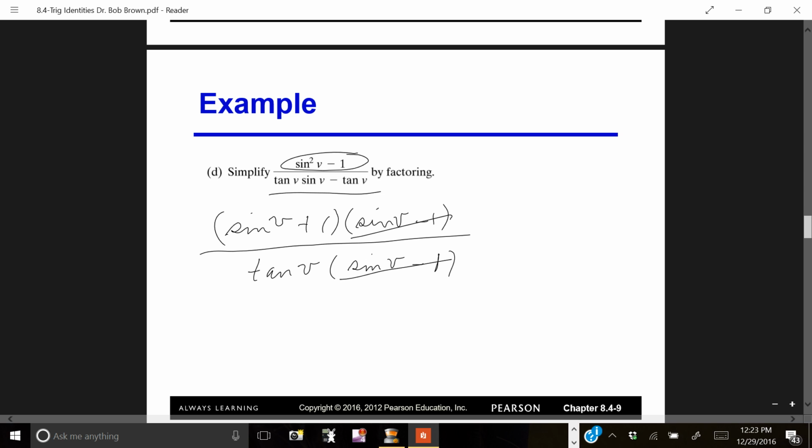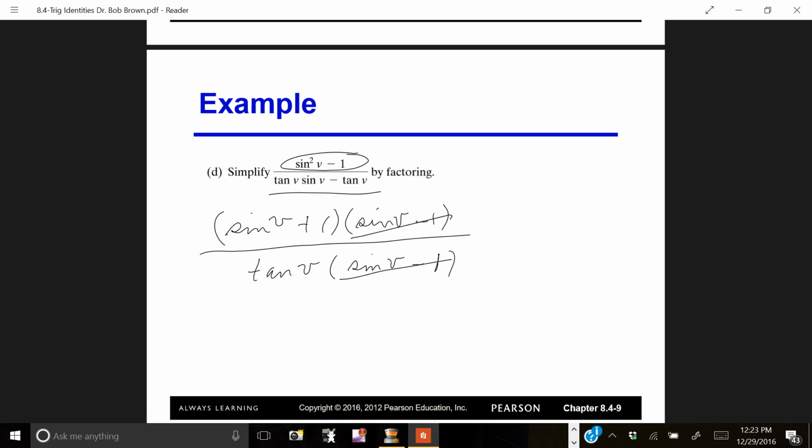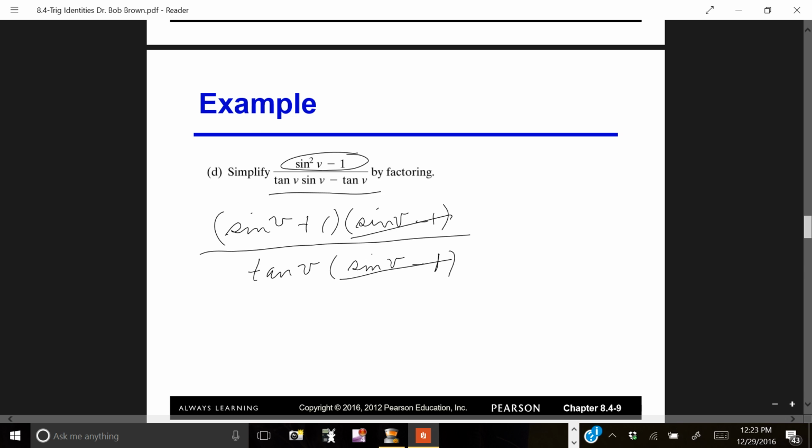And finally, we have sine of v plus 1 divided by tangent of v. And if we wanted to, we could write this as sine of v plus 1 times cotangent of v.